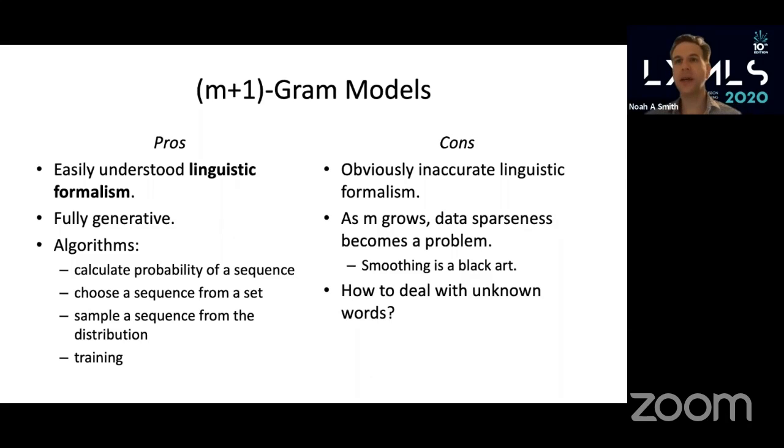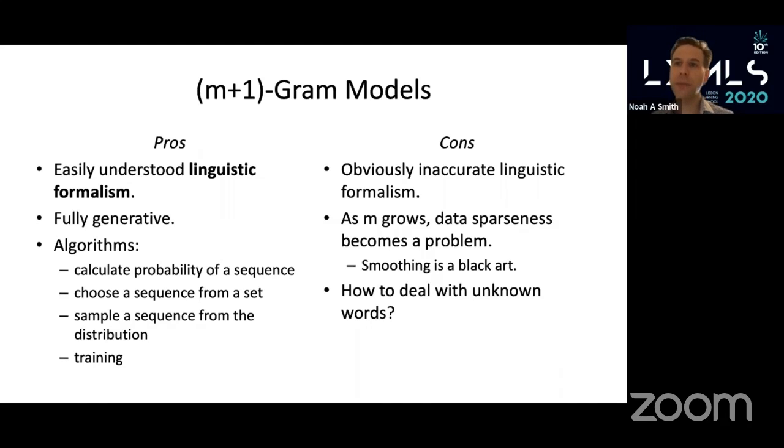On the downside, the theory that these models assume is obviously wrong. We don't generate language one word at a time without considering a longer history or the context in which we're talking. So this is not a great theory. Linguists tend not to love M+1 gram models or find them particularly interesting or useful. In fact, Chomsky famously said that they didn't make any sense way back in the 1960s, I think.